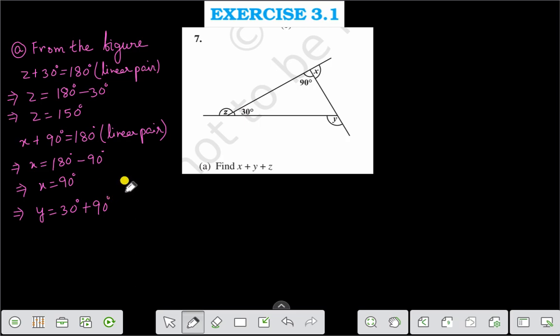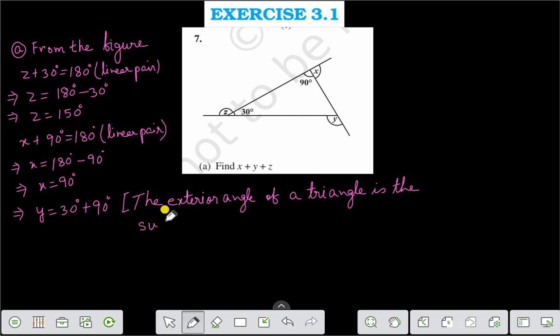That means the exterior angle of a triangle is the sum of the interior opposite angles, right?